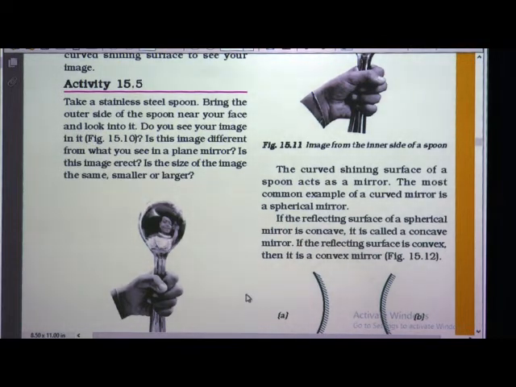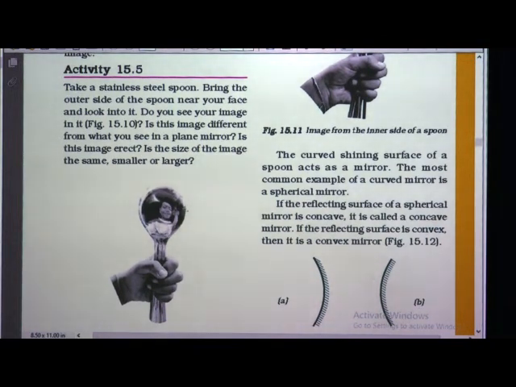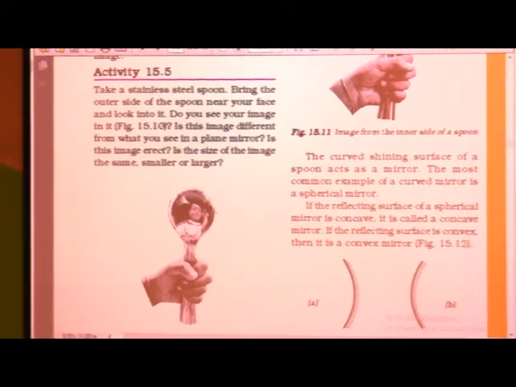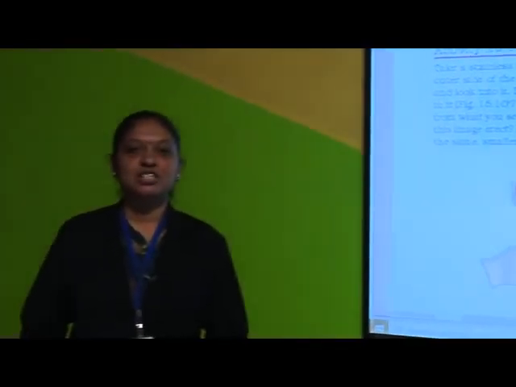So, by this activity, whatever observation you make, you have to tell me in our next session, and after that I will tell you what the reason is for the difference between the image in a plain mirror and the image on this spoon.